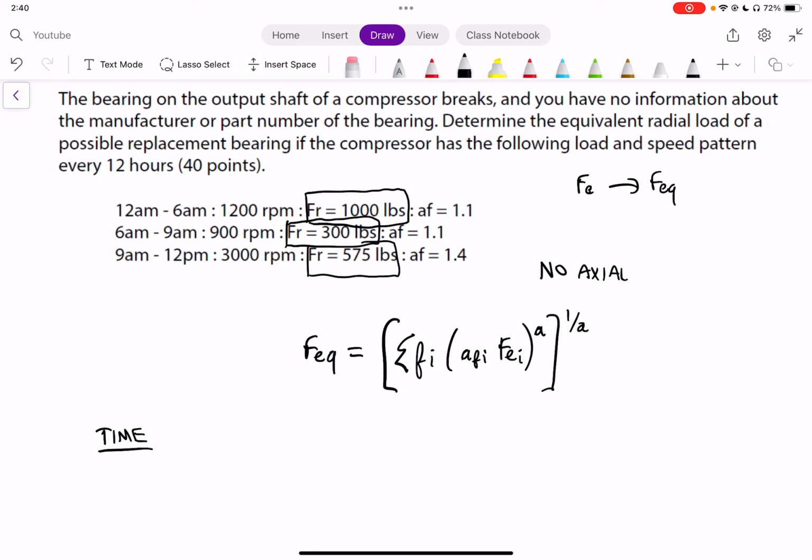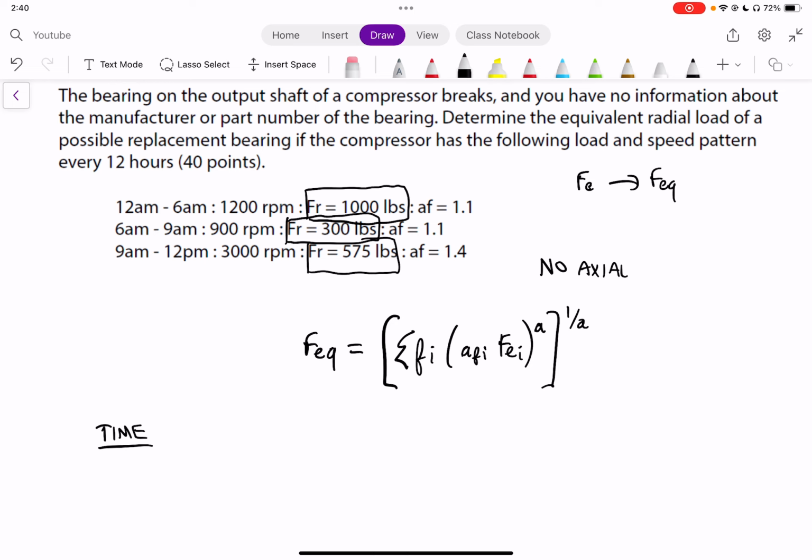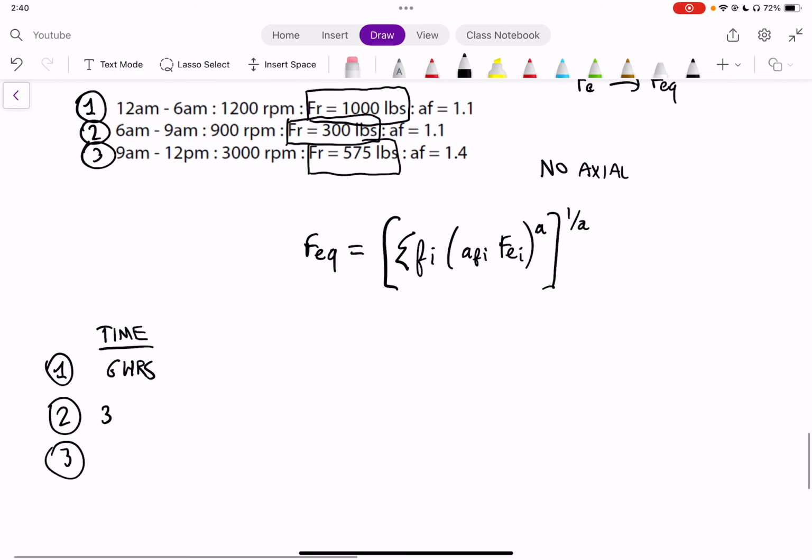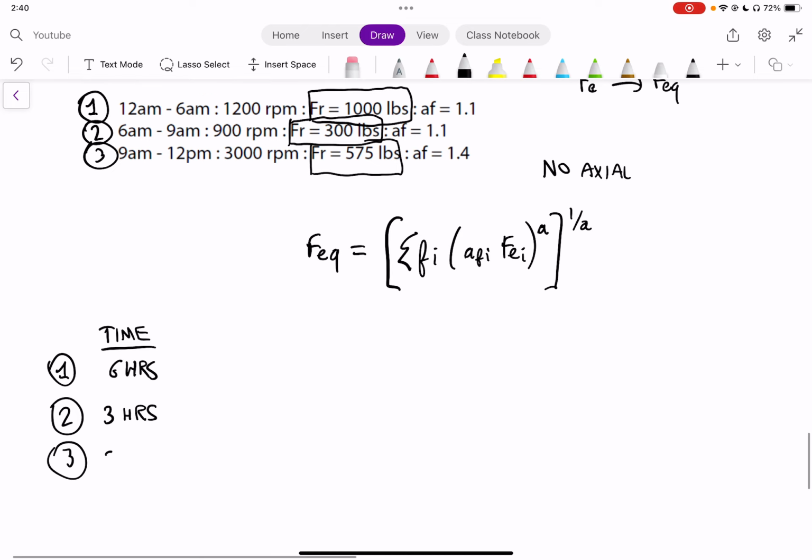We're going to call these step 1, step 2, and step 3, so we'll put 1, 2, and 3 in our table. Now we write the time. The time for step 1 is 6 hours. It's from 12 to 6, so it's 6 hours. Then the time for step 2 is 3 hours, and the time for step 3 is also 3 hours.